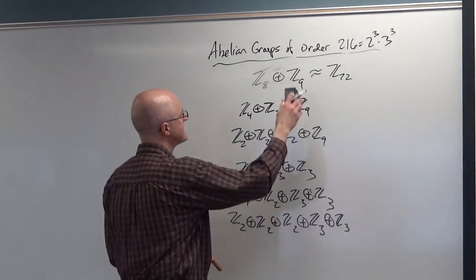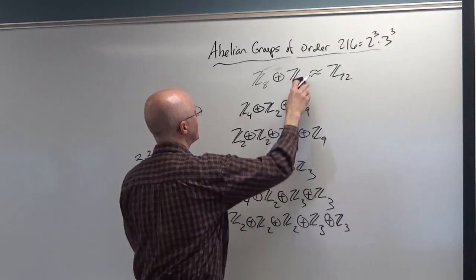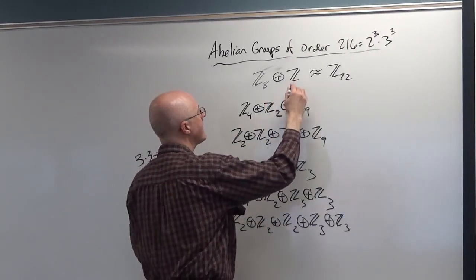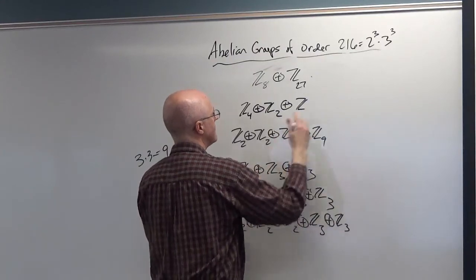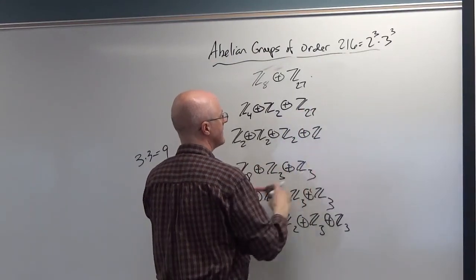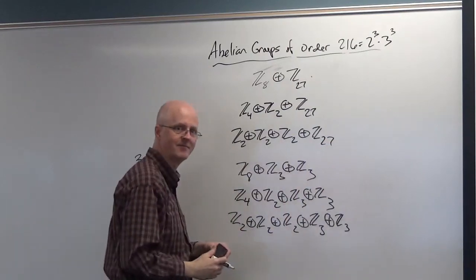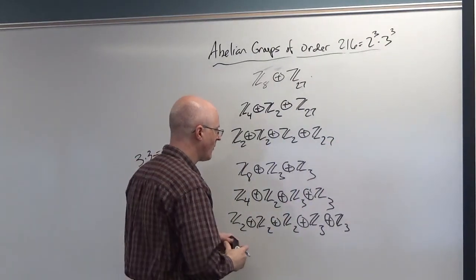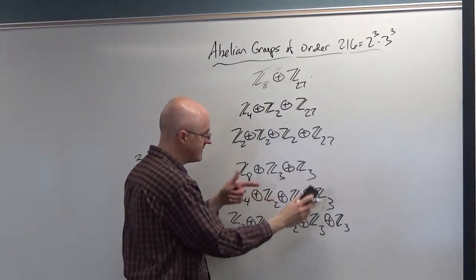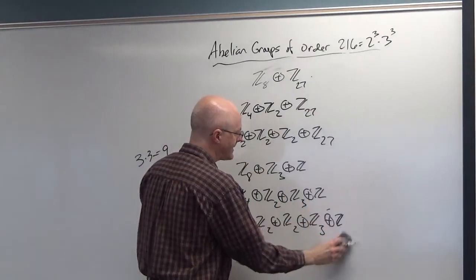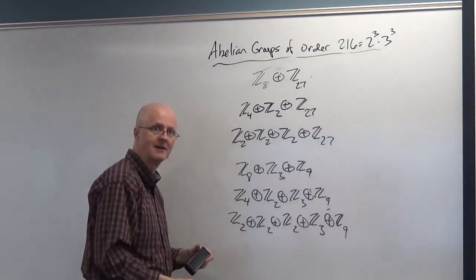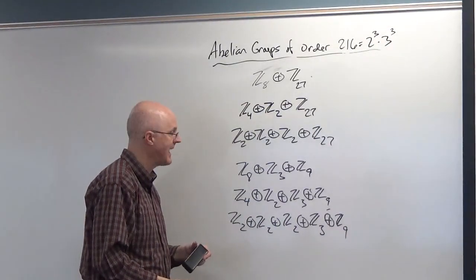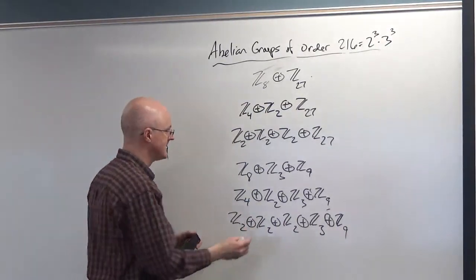And if I just replace these 9s with 27s, I'm partway there. 27, 27, 27. And if I replace one of these 3s in each case with 9, I'm continuing to be partway there and saving some writing. And now you've got 3 more cases.